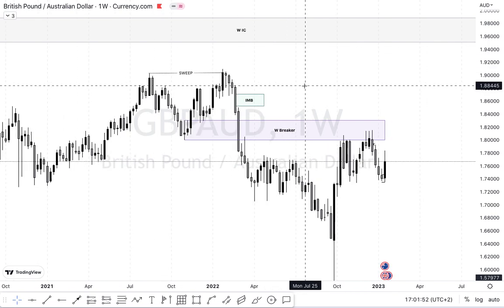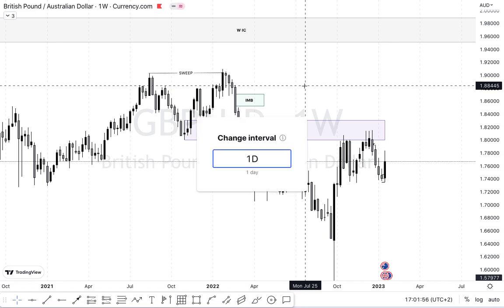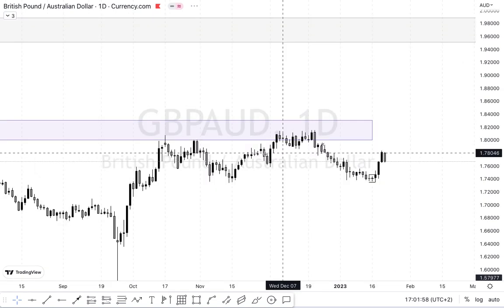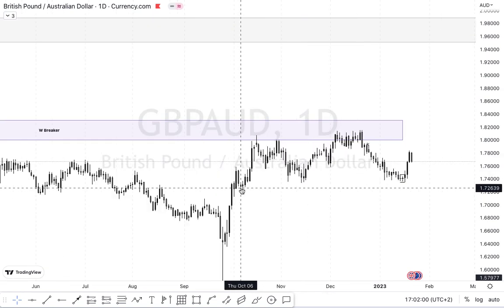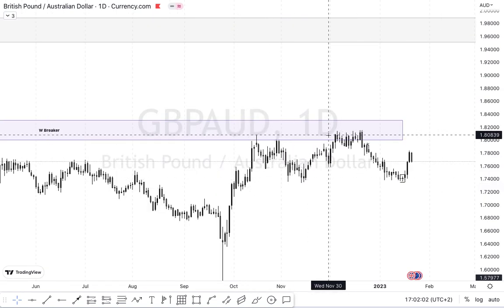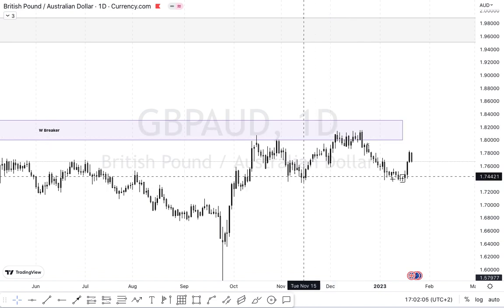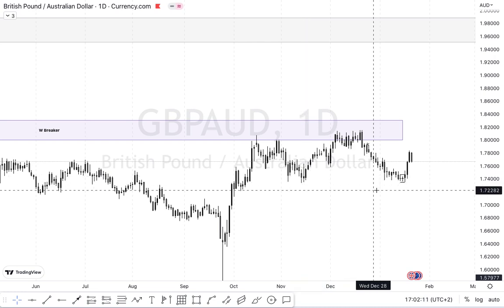Nonetheless, I'm gonna hop over onto our daily time frame. There isn't much to see on the daily, but we're just going to peruse through it, have a sense of what's going on down there. Structure broke to the upside, and so of course we do expect this to be a deep retest of the low as far as the structure is concerned.